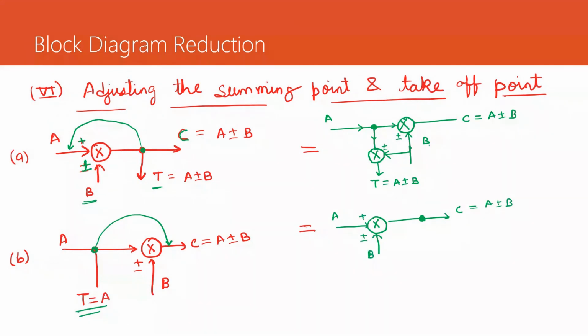So now to match the value of t over here, the value of t should be a, but at this particular point we have a plus minus b. Okay, so we have to add one summing point over here, and the value of this particular summing point is nothing but a minus plus. So if we have a plus minus over here, then I have to add a minus plus over here. The reason is over here we have got a plus minus b, and that a plus minus b is applied over here also.